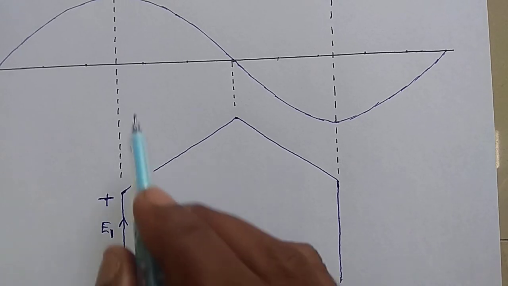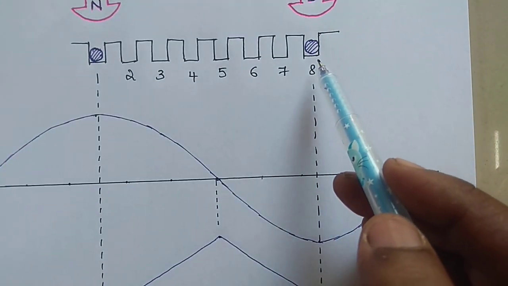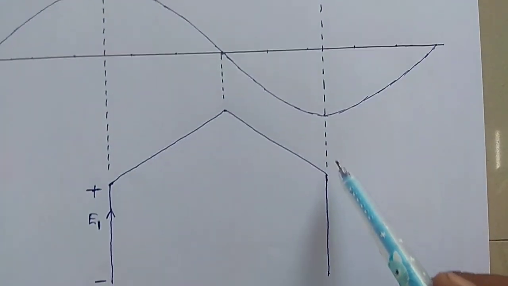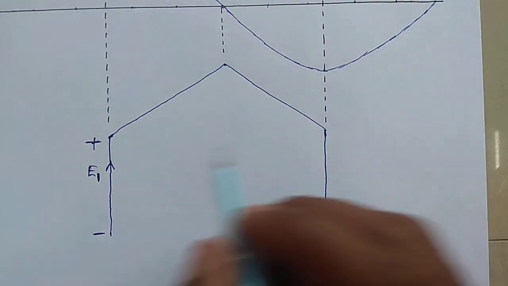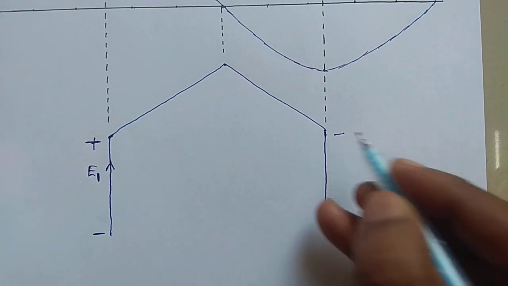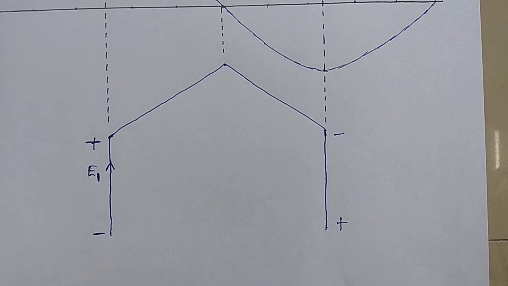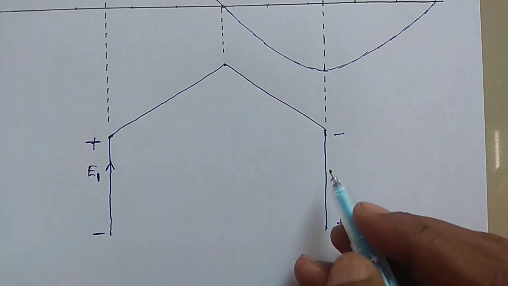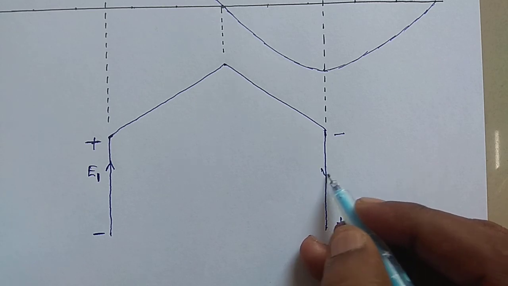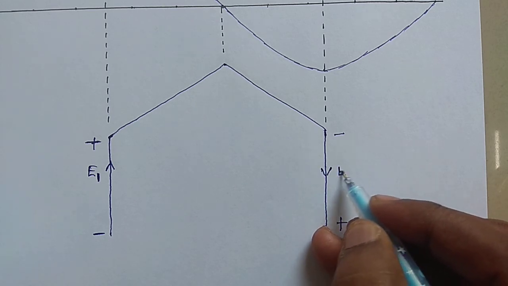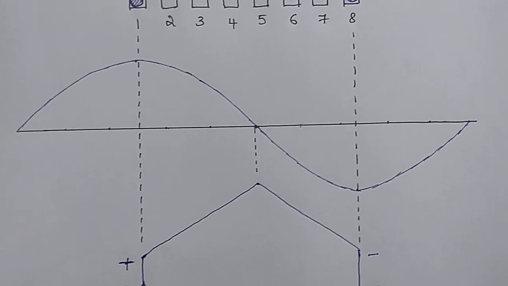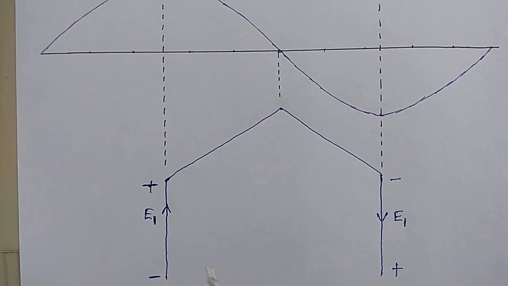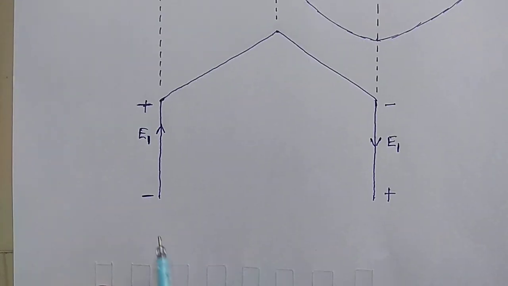Coming to the conductor in the 8th slot, which is under the south pole influence, it has opposite polarity compared to this. So this is negative and this is positive, and the direction of induced EMF is also reversed here, but it is of the fundamental only, so E1. Now this is a full pitch winding.